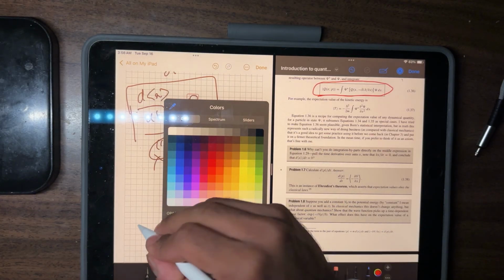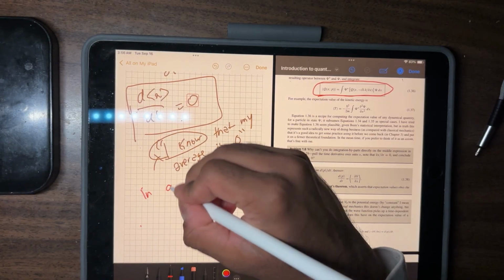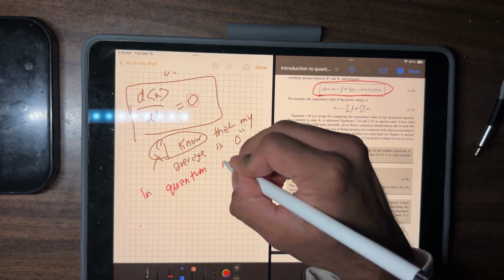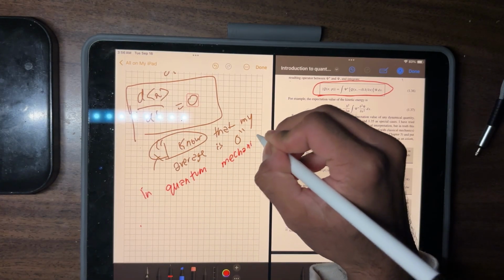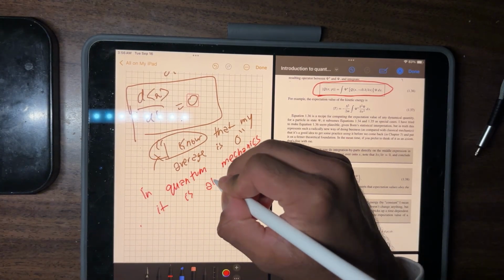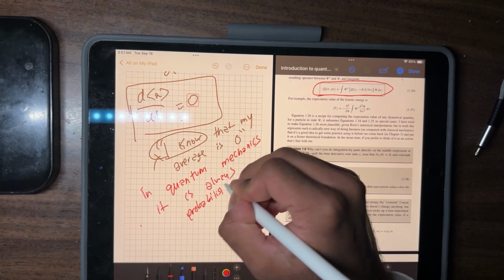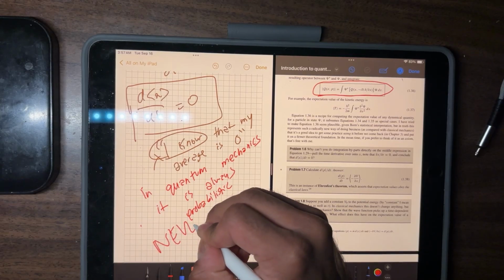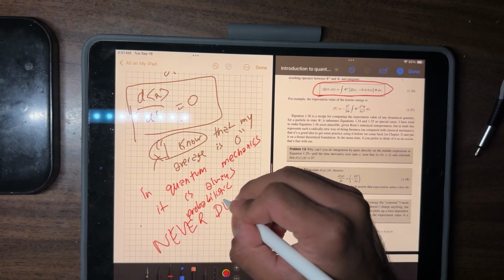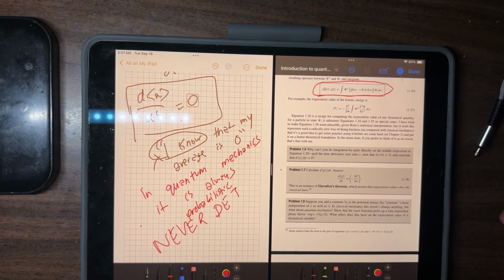I'm going to write it in red. In quantum mechanics, it is always probabilistic, never deterministic, right?